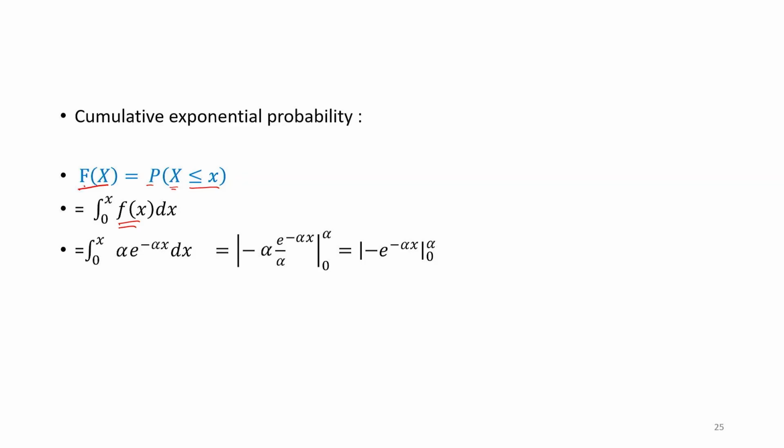So that basically means if I want to know this value, I need to integrate fx dx from 0 to x. If I write the density function alpha e to the power minus alpha x, then we go for integration.